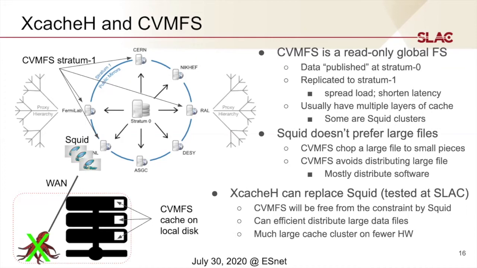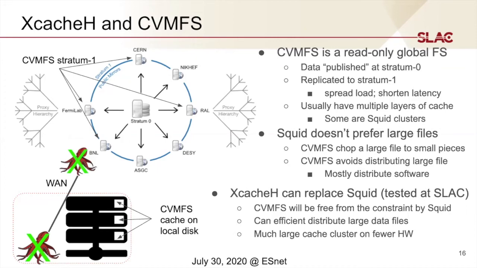This was actually tested at SLAC as a site level cache with CVMFS. It's a one-to-one replacement, completely transparent to the rest of CVMFS and the CVMFS distribution network. We did that and it works. There is no reason to believe that we cannot replace it here as well. And once we replace here, then we can replace the whole Xroot.